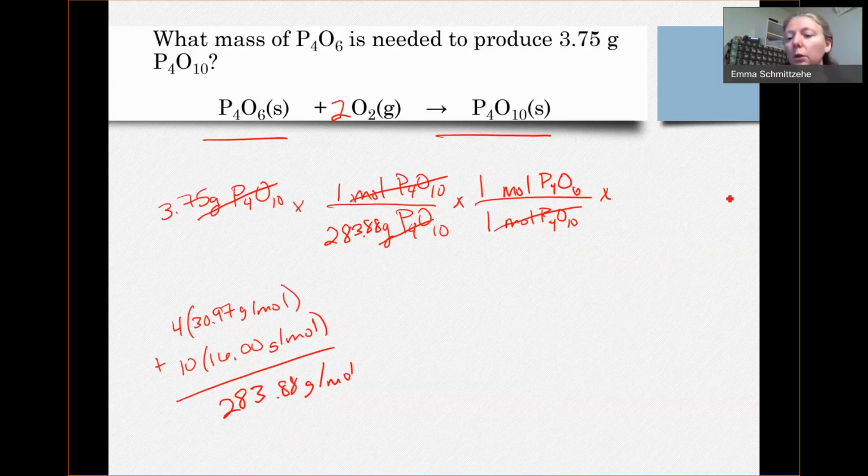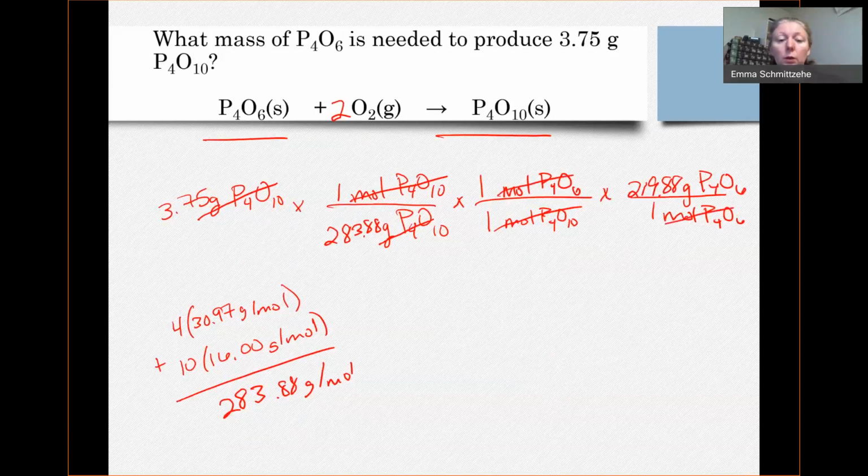So our moles of P4O10 cancel, and we want the mass of P4O6. So we want to convert moles of P4O6 to grams of P4O6, which we added up on the last example, and it was, I believe, 219.88 grams per mole. So that will cancel our moles of P4O6 and give us grams.